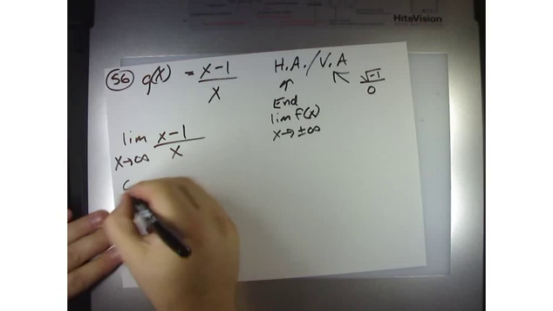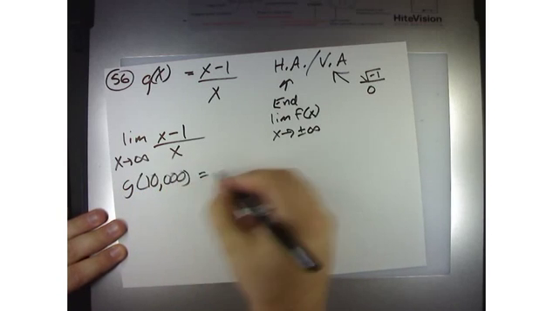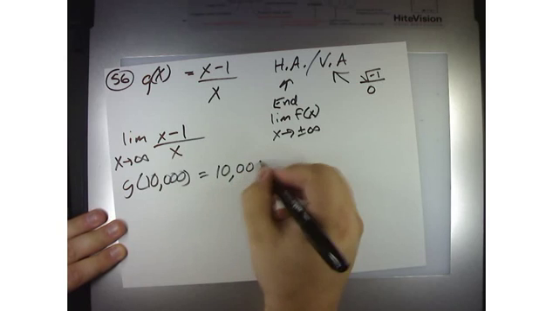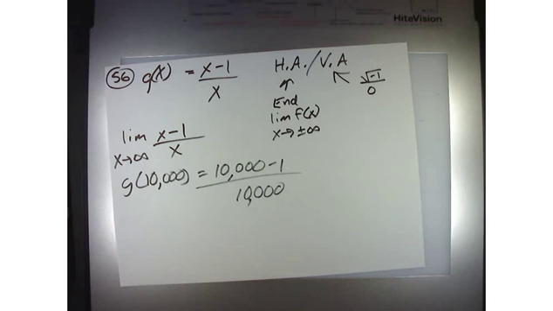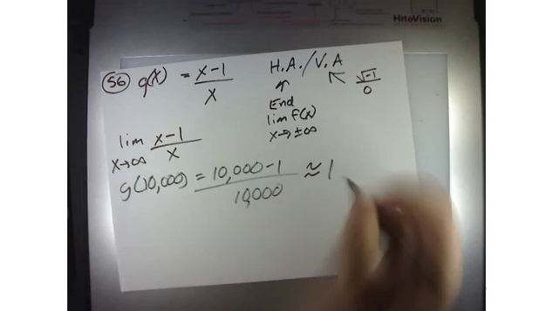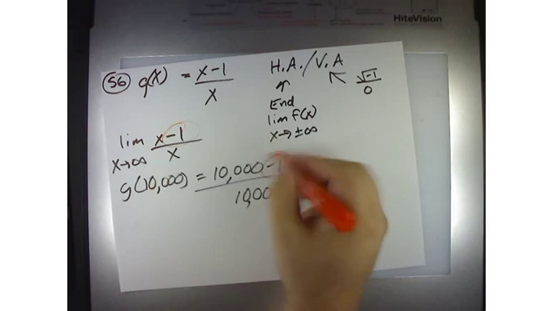If I were to say g of 10,000, then I would get 10,000 minus 1 all over 10,000. That would be 9,999 over 10,000, which if I rounded would be about 1, right? We all agree that as x gets really, really large, this negative 1 is really kind of insignificant.